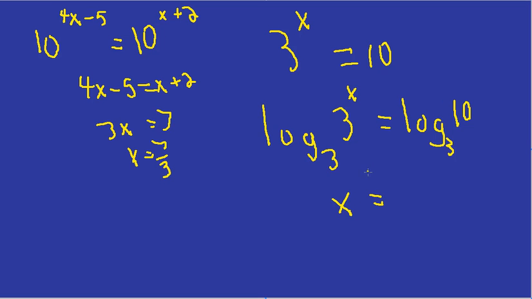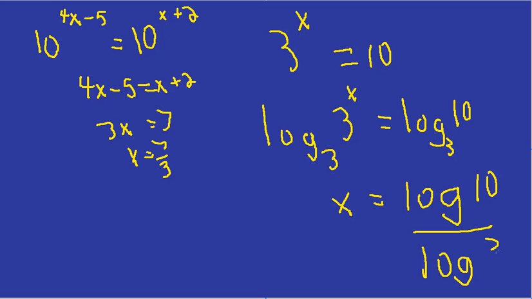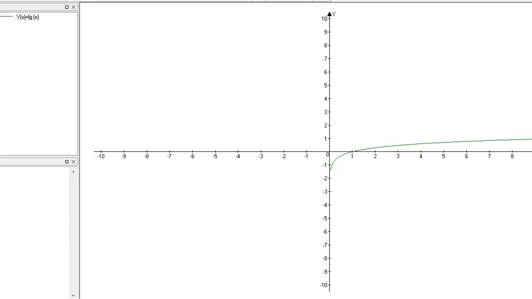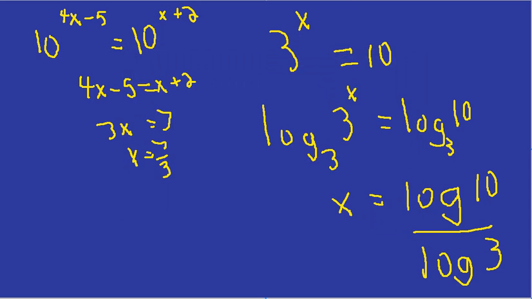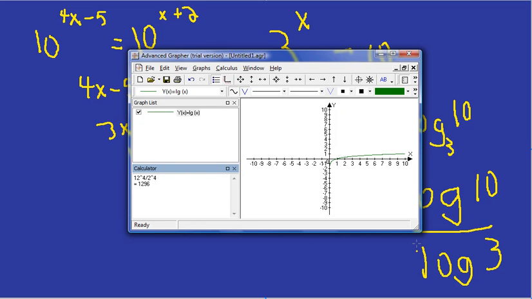Well, let's use what's called the change of base rule. Basically, to simplify this, you go log, you can put this in your calculator. Log base 10 divided by log base 3. And with this, you can use your advanced grapher to do this. Let's show you how to do log base 10 divided by log base 3 in the advanced grapher. You're going to pull up a function here.